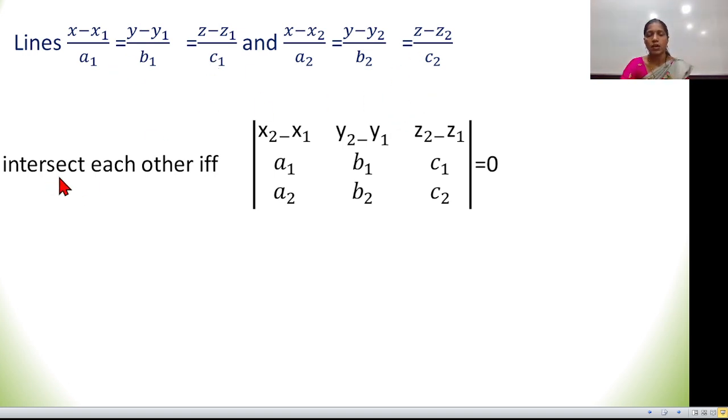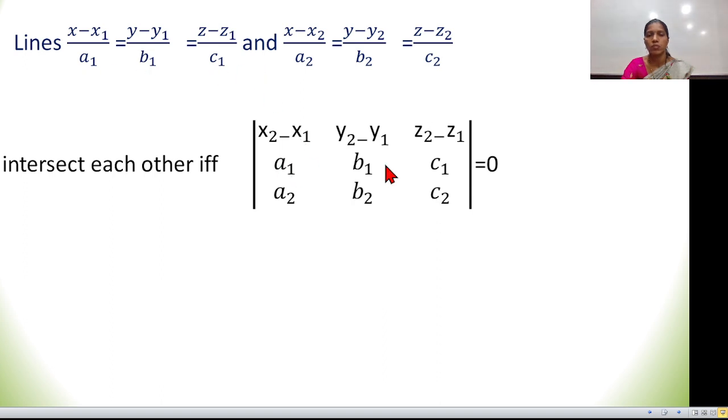These two lines intersect each other if and only if they satisfy the condition. Here we take a determinant whose first row is x2 minus x1, y2 minus y1, z2 minus z1. The second row is the DRs of the first line, and we know that these are the DRs of line L1, that is, a1, b1, c1.